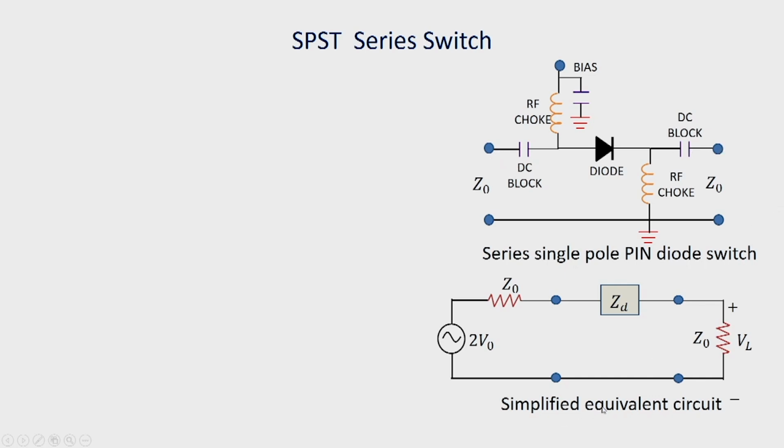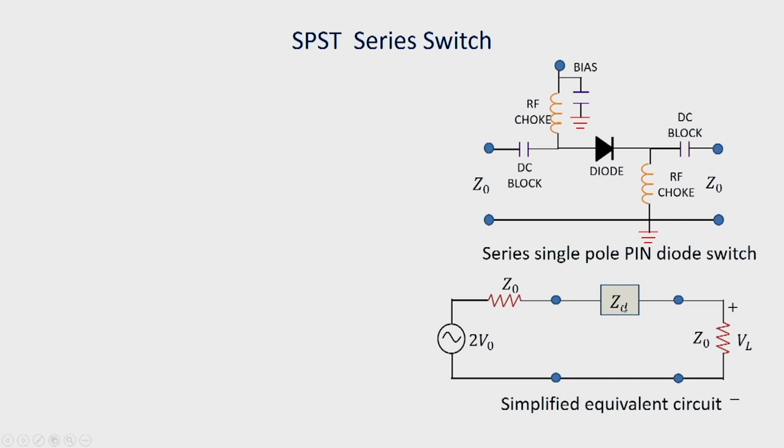A simplified equivalent circuit without these biasing arrangements is shown in the figure here, and here we can see that we have a source and let 2 V naught be the signal provided by this source, Z naught is the source impedance, and this diode is connected between load, which is also Z naught.